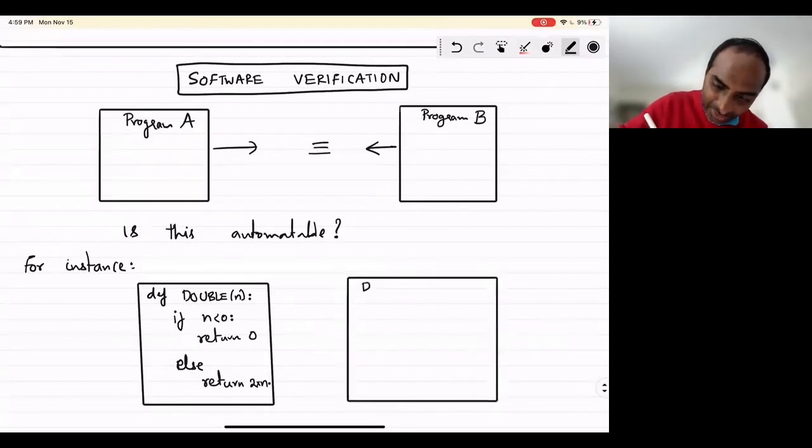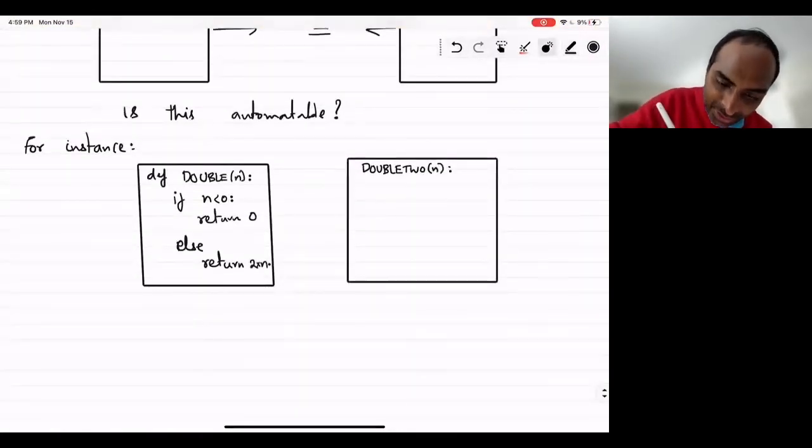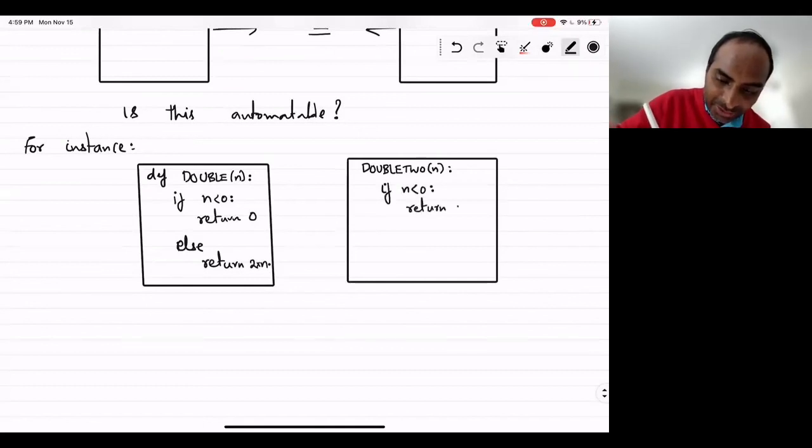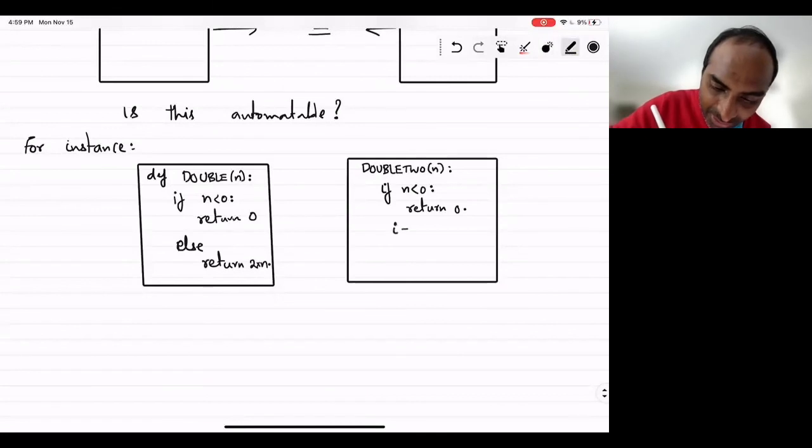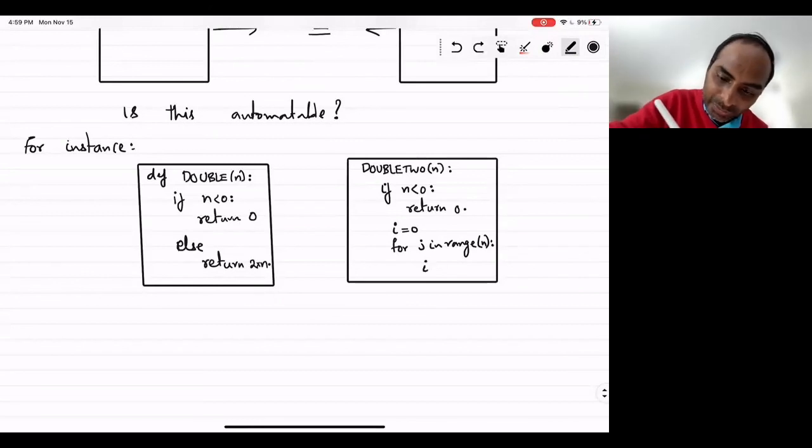And I give you another program, double 2. It starts out the same: if n is less than 0, return 0. We don't need else here really. Let's say I start with i equals 0, and then for j in range n, i becomes i plus 2.